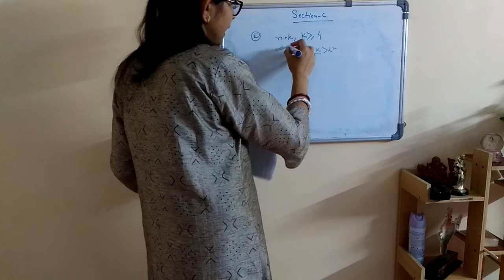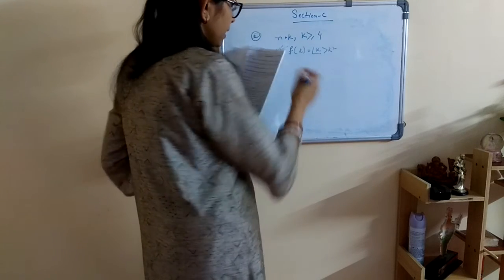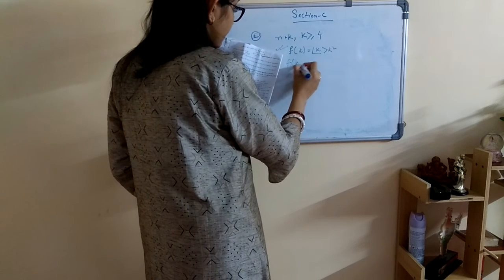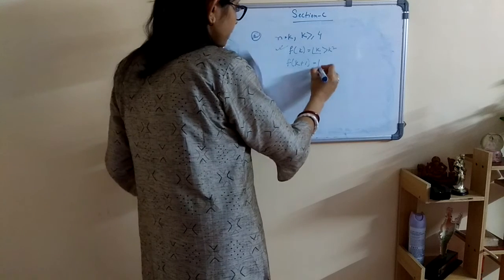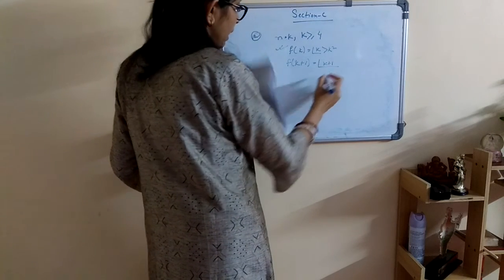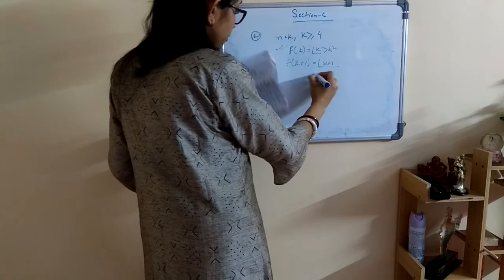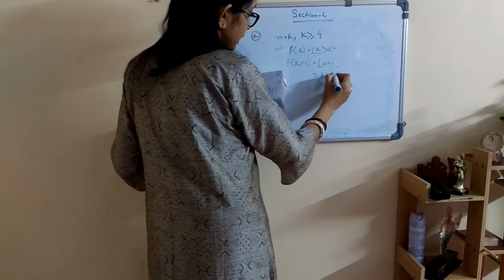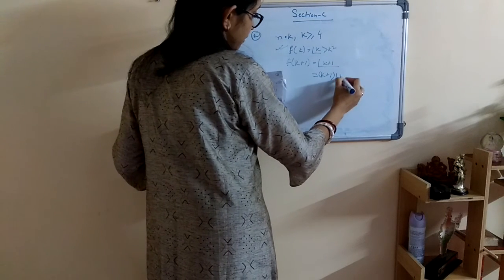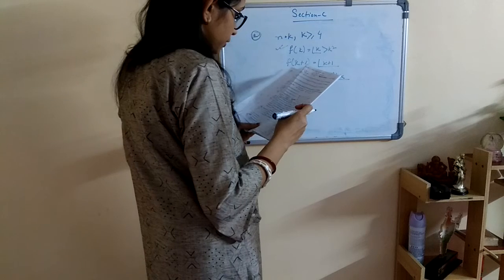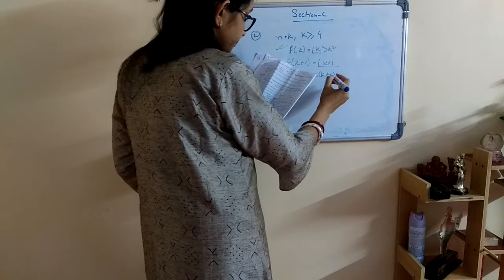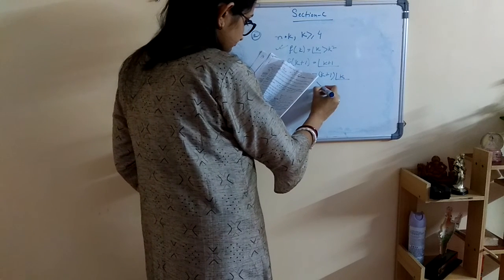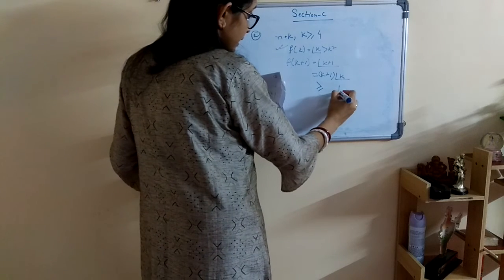Now, what is f(k+1)? It will be factorial (k+1). We know that factorial (k+1) is (k+1) into factorial k, and factorial k is always greater than or equal to k square.